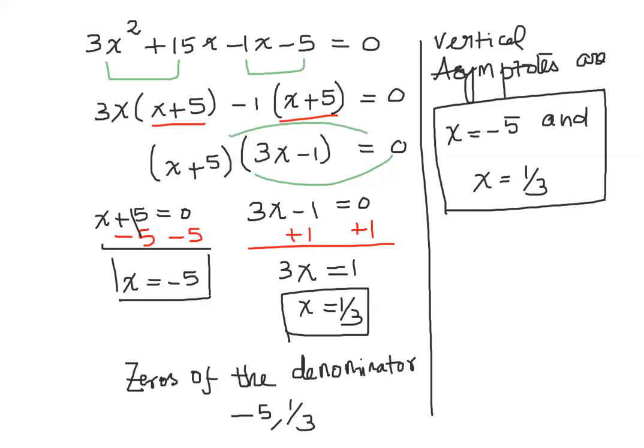So number 33: we have to identify the horizontal asymptotes. Part A, find the horizontal asymptote, which is HA.